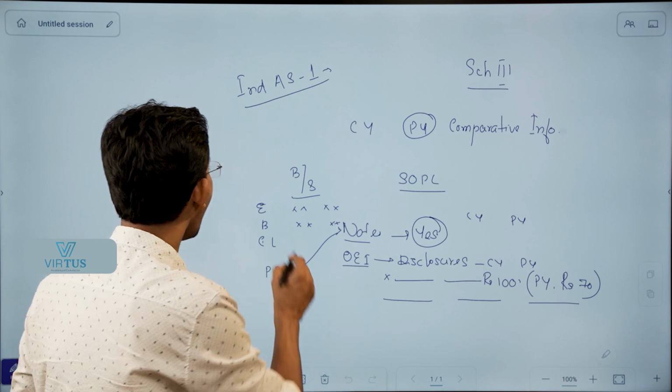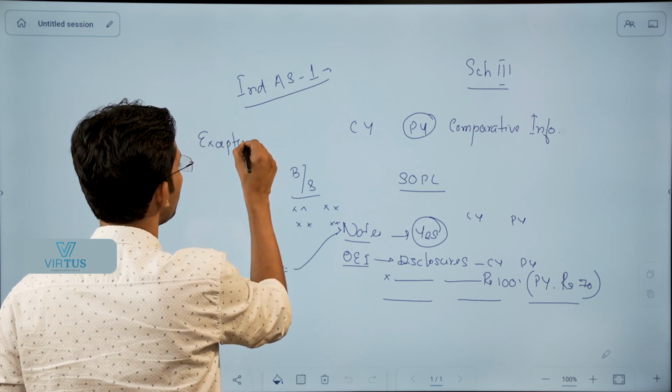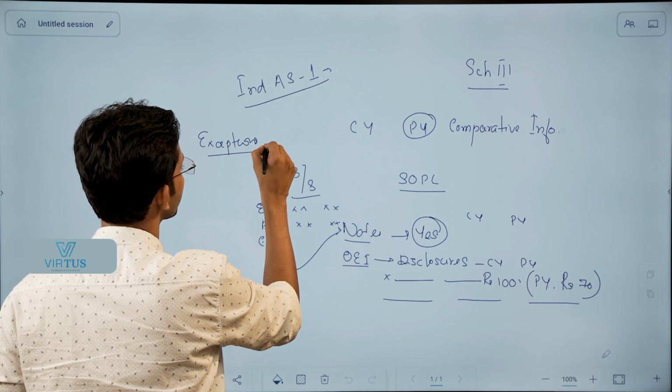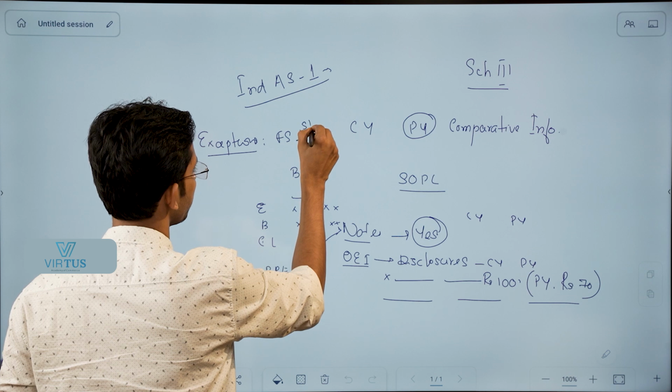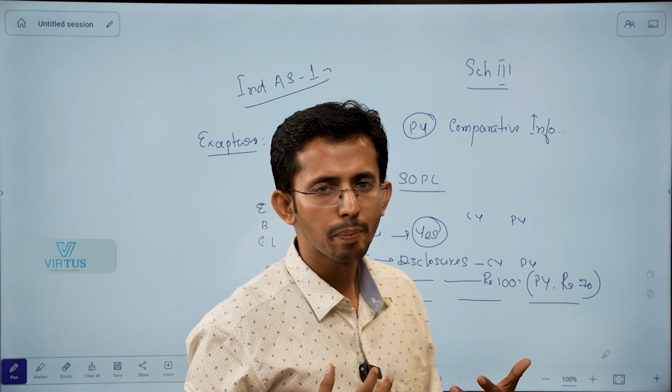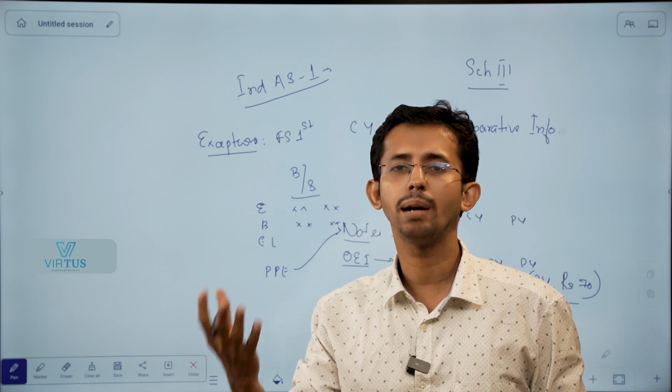Now, the only exception to this principle is for new companies when they prepare their first financial statements. When a company prepares financial statements for the first time, it will not have the comparative figures.